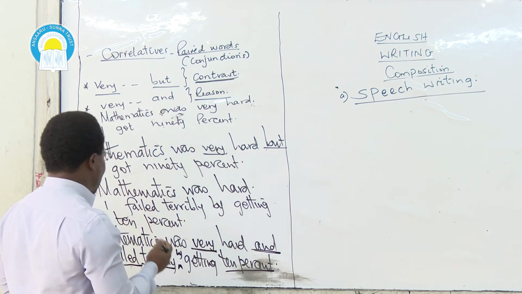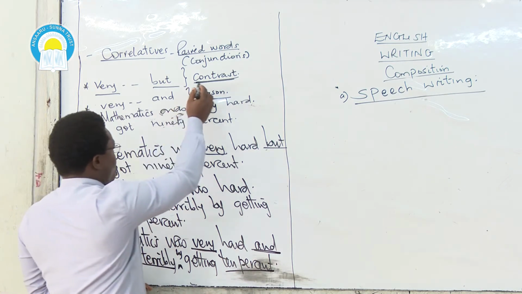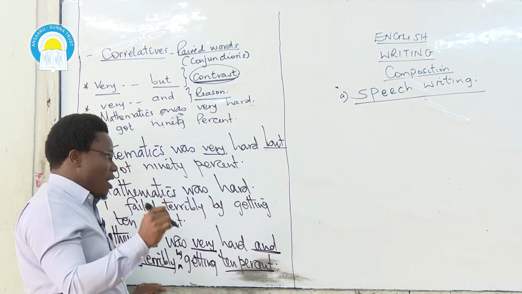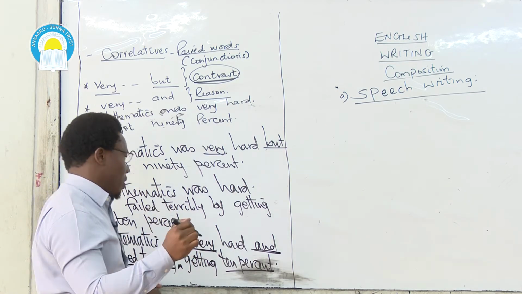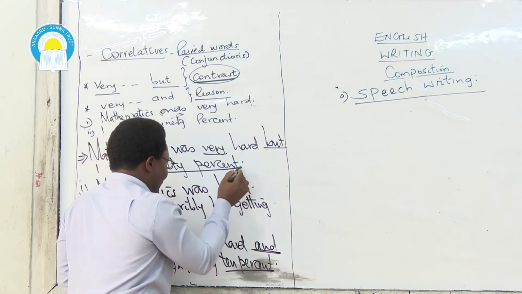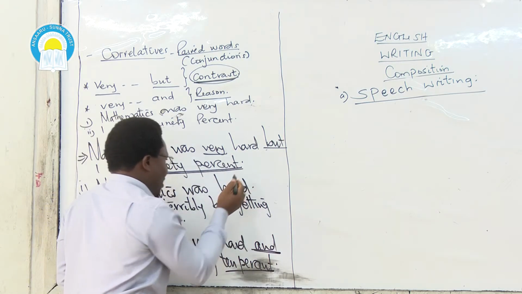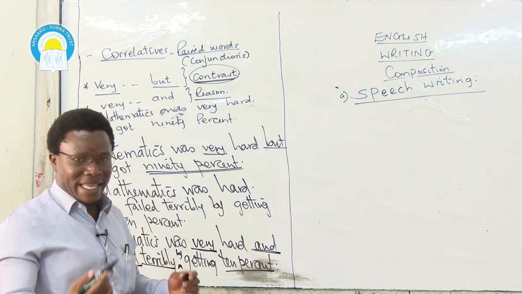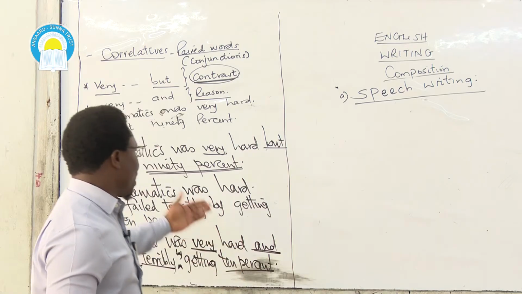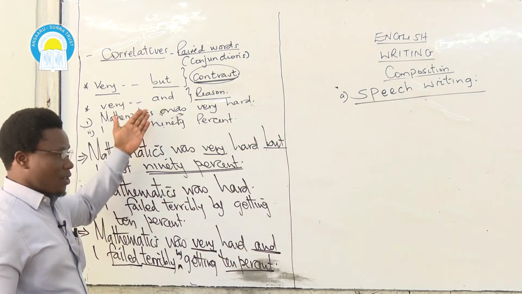In the first sentence, we are expressing contrast in that as much as the mathematics paper was very hard, this child managed to get 90%, going against the expectations. So please note the use of the two conjunctions.